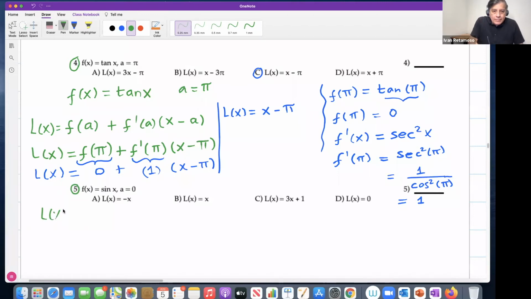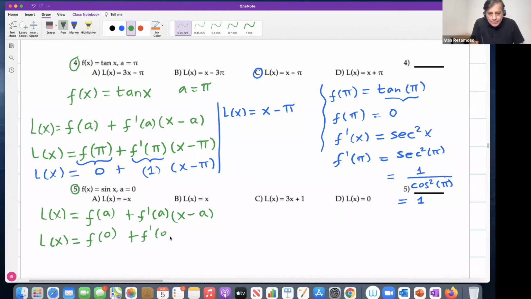L of x equals f of a plus f prime of a times x minus a. This is the linearization. And since our base point is 0, you're supposed to put 0 there. Yeah, work on this. 0 is a friendly number, so it's not hard to deal with.